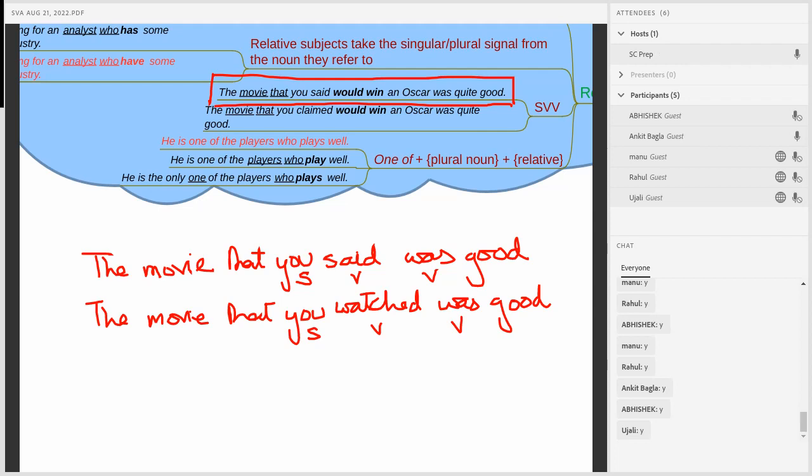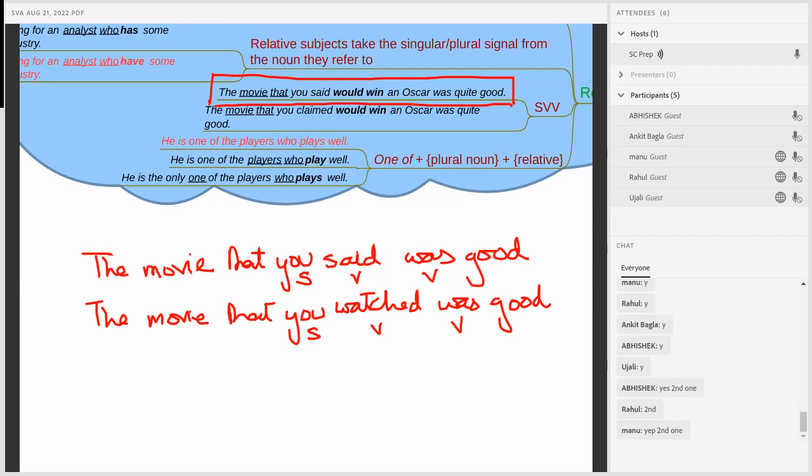Okay, Ankit's going with the second one. Abhishek is also going with the second one. Rahul is also saying the second. Yeah, so let me be clear. This is not a trick question. You can go by sound if you want. Okay, Manu is saying second one.